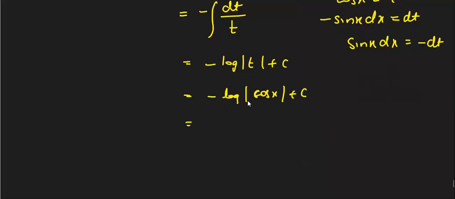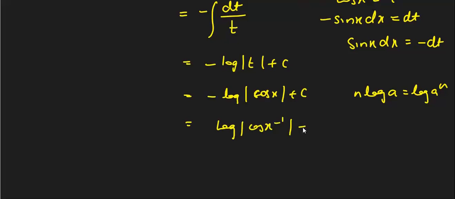So if you use the formula n log a equal to log a to the power n, here the term becomes log of mod of cos x to the power minus 1 plus c. That is log of mod of 1 by cos x plus c.